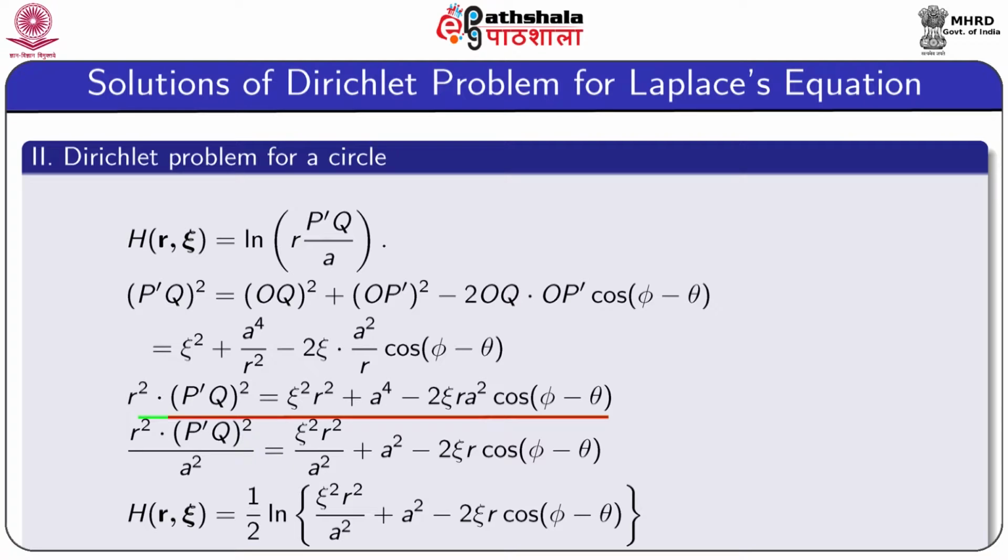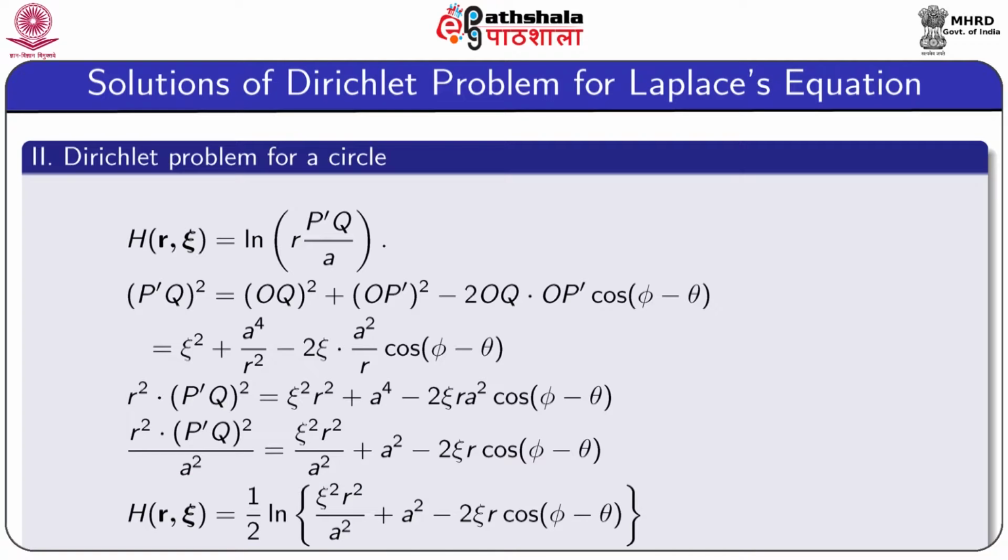So, value of r square P dash Q square is, so we multiply the expression by r square. So, it becomes xi square r square plus a to the power 4 minus 2 xi r square cos phi minus theta. Then we divide the expression by a square. So, we get the value of r square P dash Q square by a square as xi square r square by a square plus a square minus 2 xi r cos phi minus theta.